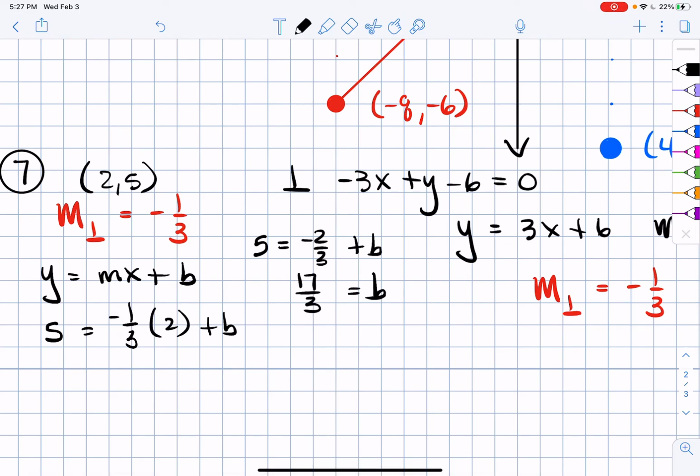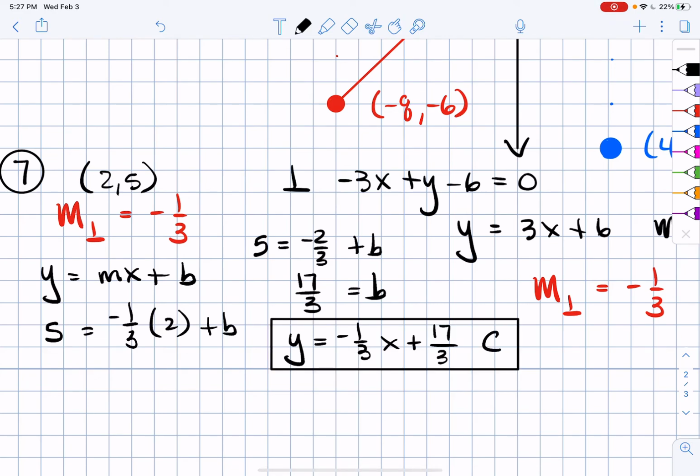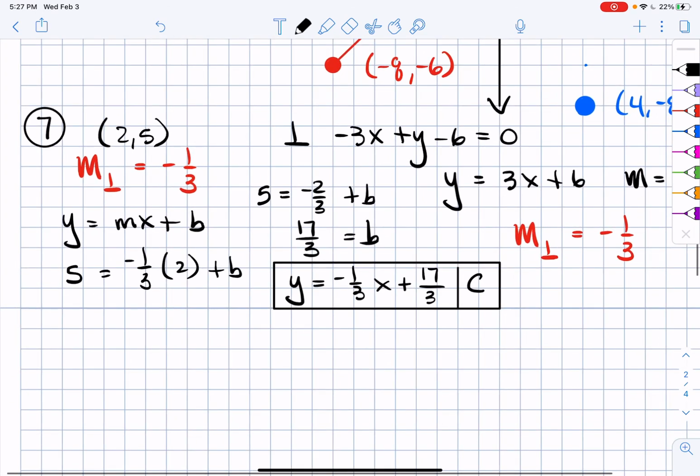So that means my equation is going to be y is going to equal negative 1/3 x plus 17/3, which would be choice C. There we go. All right.